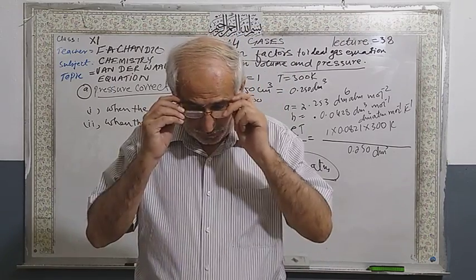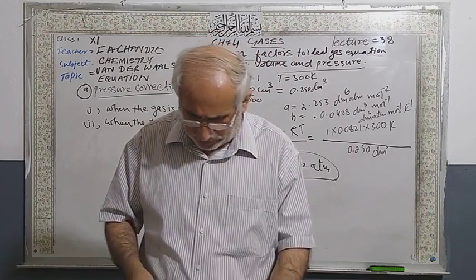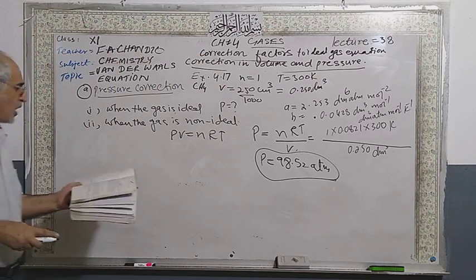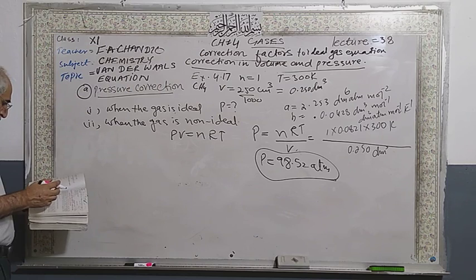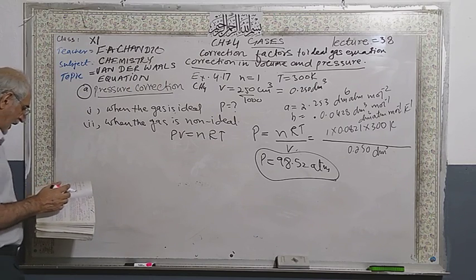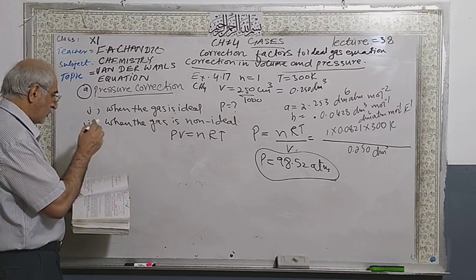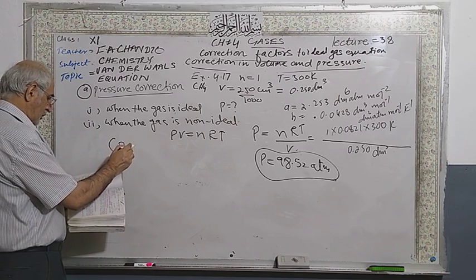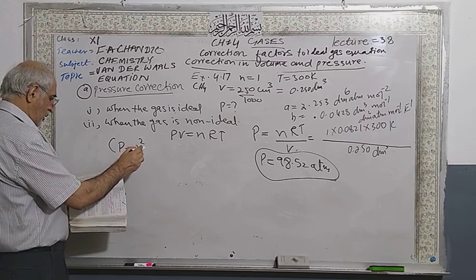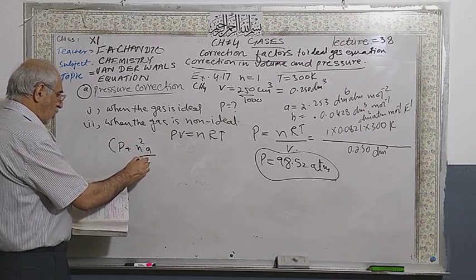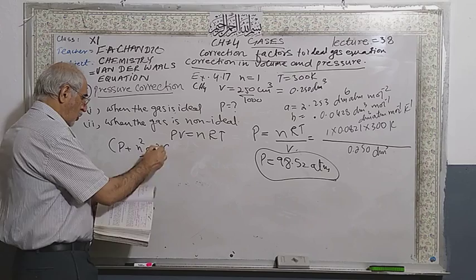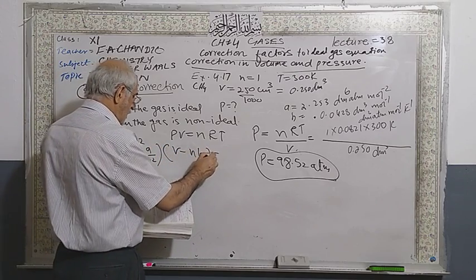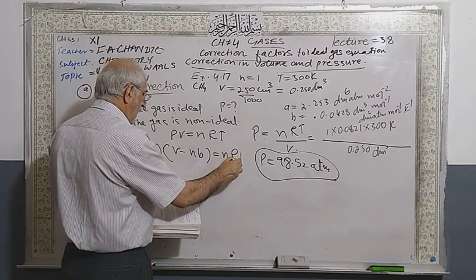Now, when you use the van der Waals equation, when the gas is non-ideal, the van der Waals equation is (P plus n squared A over V squared)(V minus nB) equals nRT.